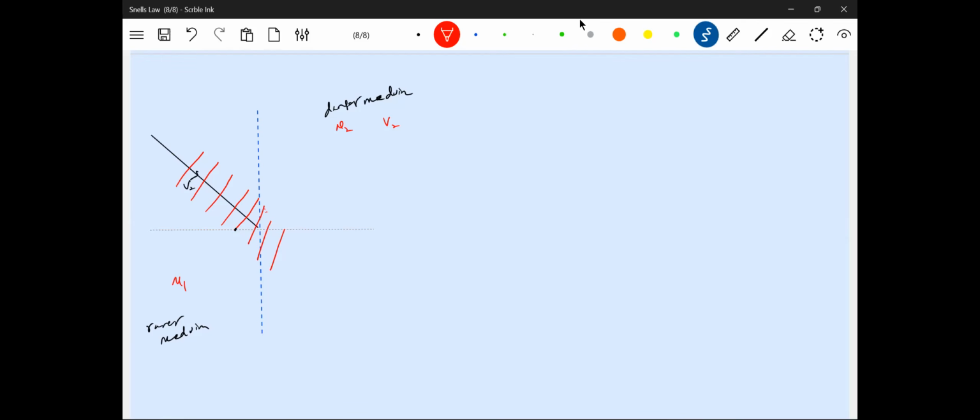Finally, it will arrive. Draw a line perpendicular to it. Now look at this particular point. Some other color.